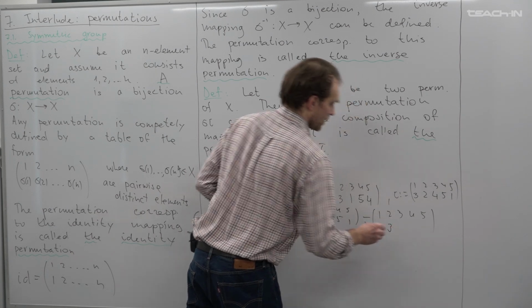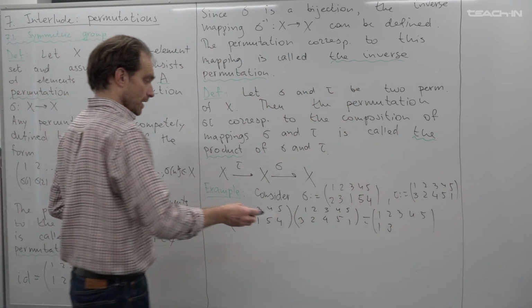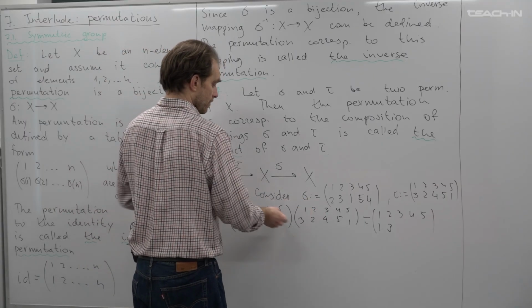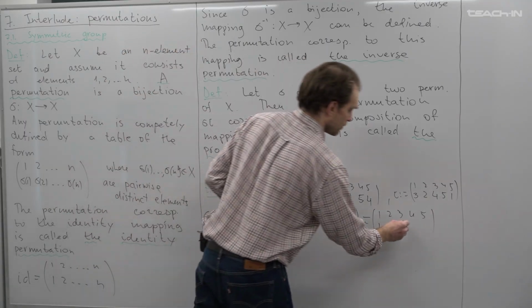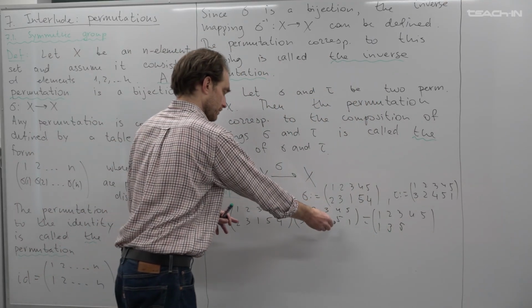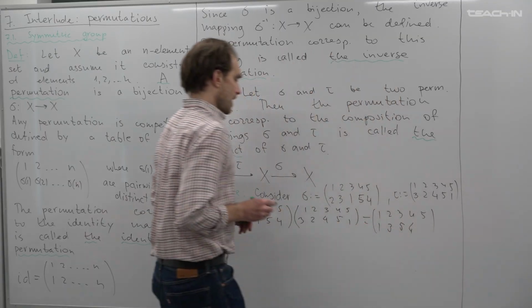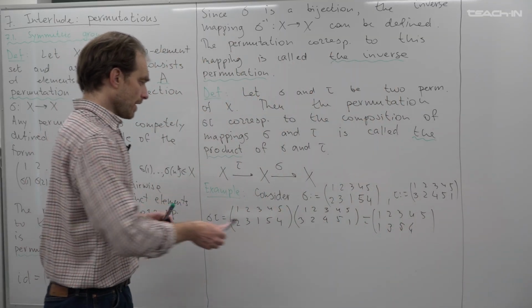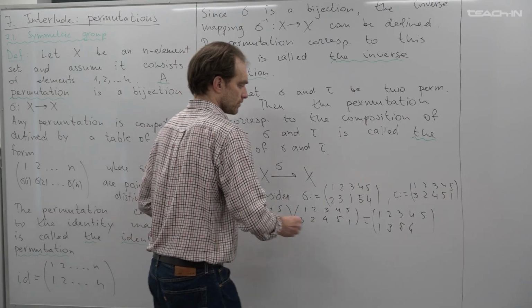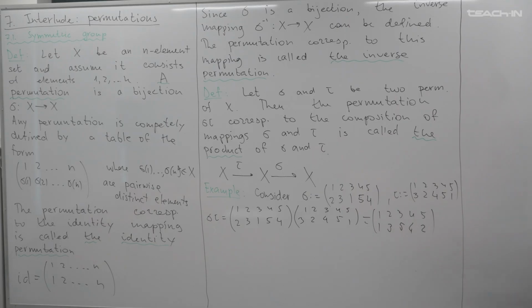So when we apply 2 permutations one by one, then 2 goes to 3. Okay, so here 3 goes to 4, and here 4 goes to 5. So 3 goes to 5. Okay, then 4 goes to 5, and 5 goes to 4. So we get 4 here. So what happens with 5? So 5 goes to 1, and 1 goes to 2. So this is the permutation we get, the product of sigma and tau.